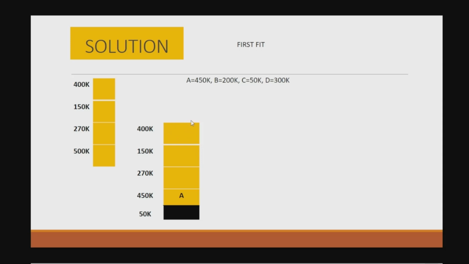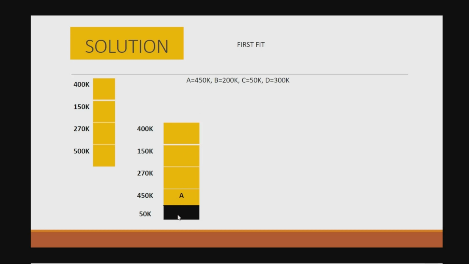This one is 400, so not enough memory, so it goes to another block or partition. This one is 150k, not enough memory, so it goes to the 270k, also not enough memory. Then it goes to here. This one is 500k, so it is suitable for 450.